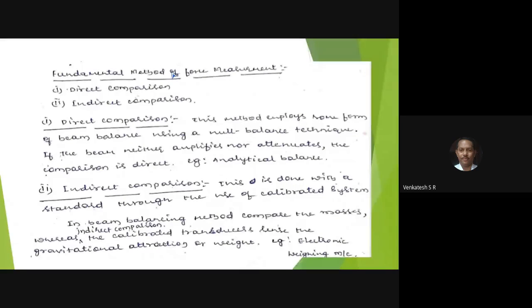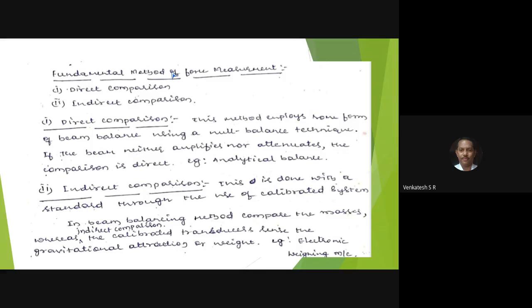So all of you know direct comparison. That is, the unknown magnitude is compared with the known standard magnitude. A good example is the vegetable shop or provision shop, where they use a double pan weighing machine, called the analytical balance. On the left side, they keep dead weights of 100 grams, 200 grams, 500 grams, or 1 kg or 2 kg.